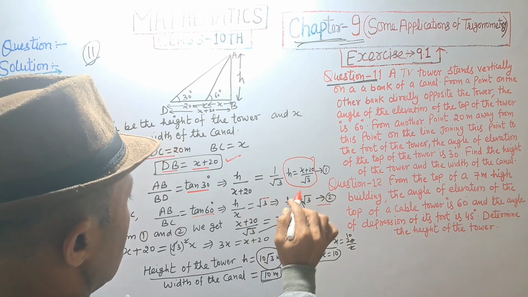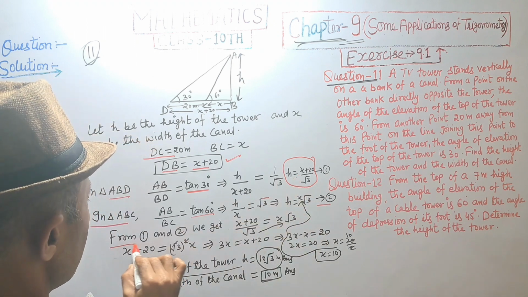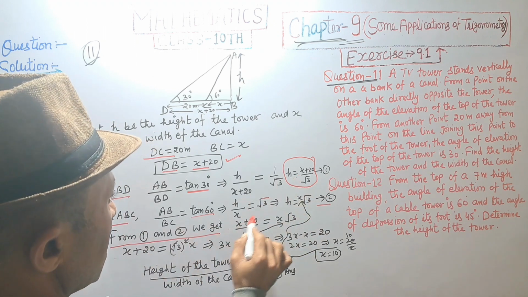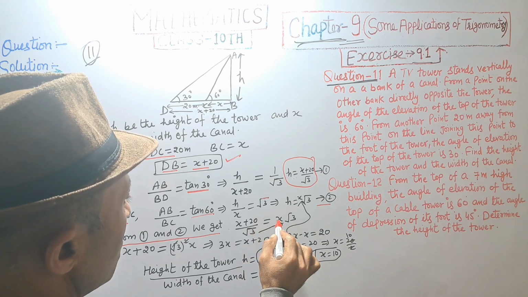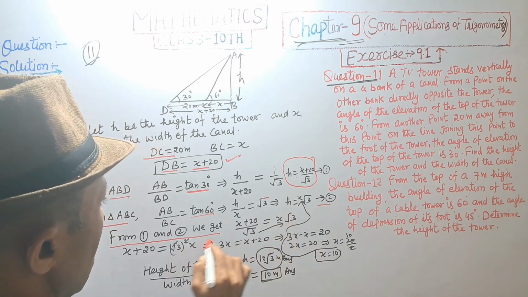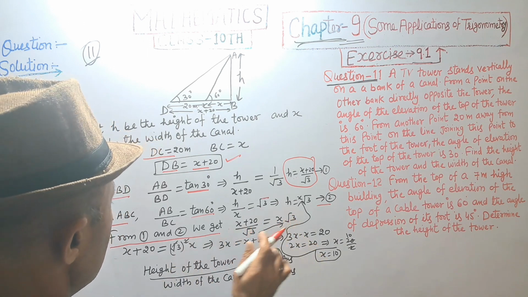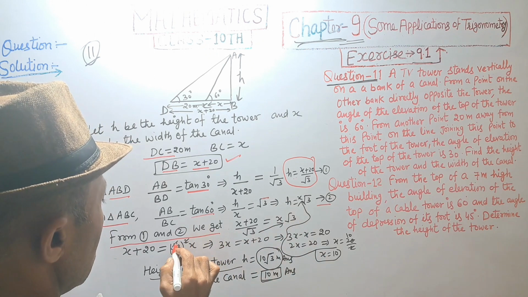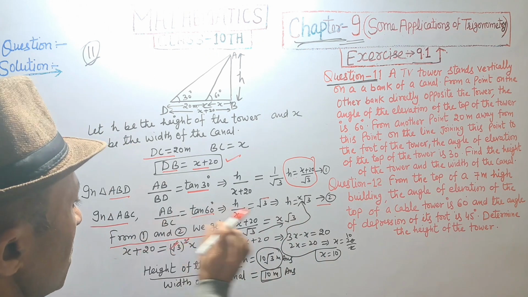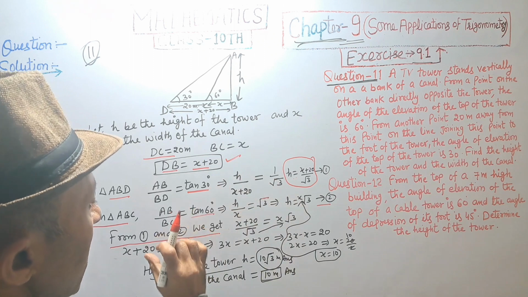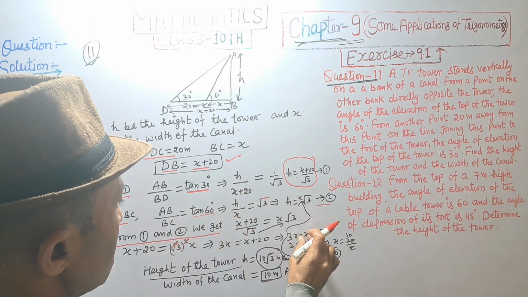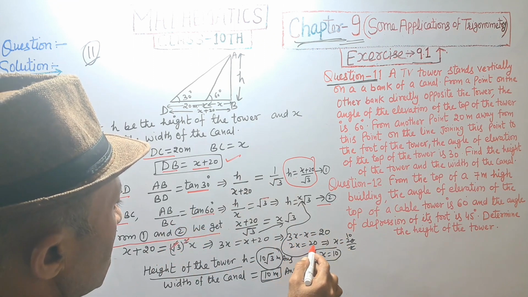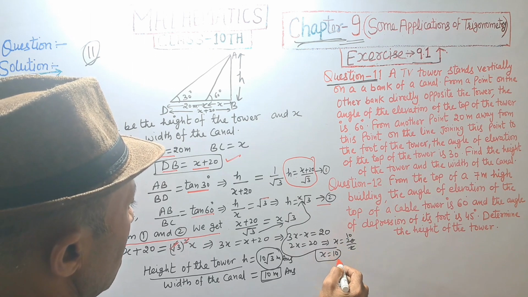It's equation number second. From equations first and second, we get X plus 20 upon root 3 equal to X root 3. Multiplying by root 3, root 3 square is 3, so 3X is equal to X plus 20. Shifting X to the left side, 3X minus X is 20, 2X is 20 and X is equal to 10.